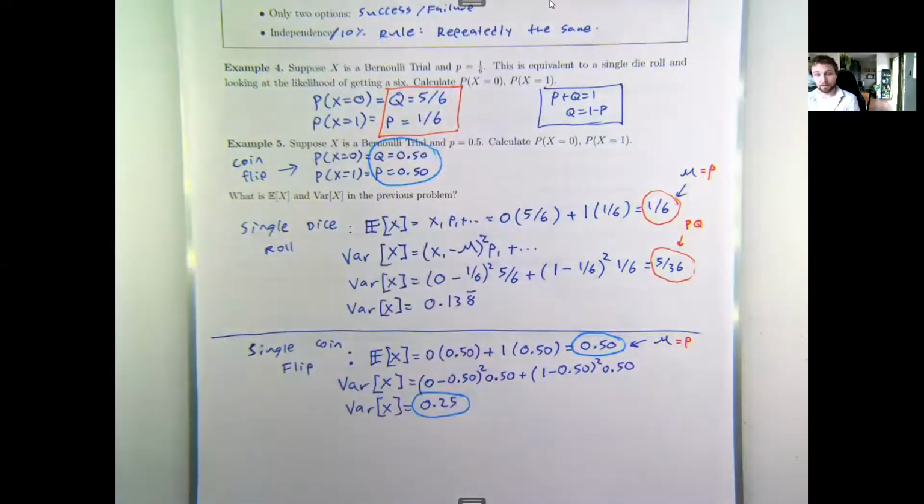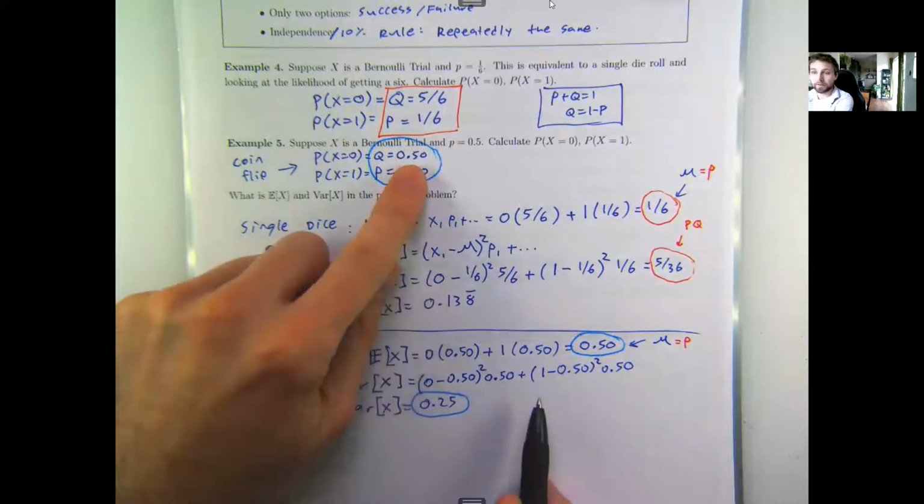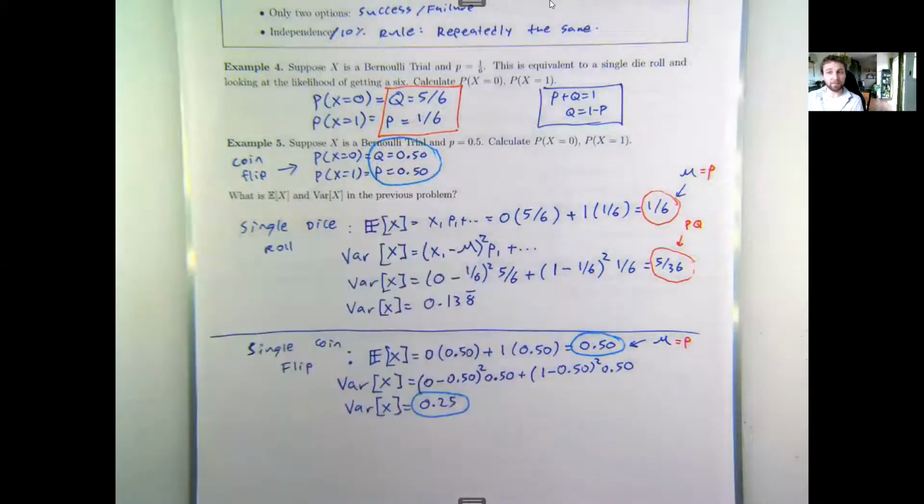That's pretty handy. I can check that here as well. 0.5 times 0.5, that's like 5 times 5. That's giving me this 25 here.